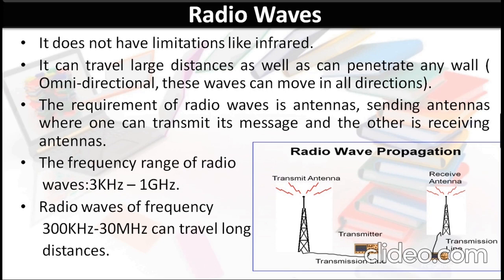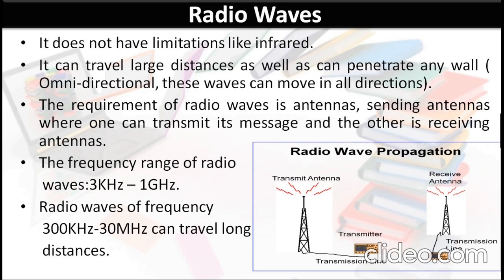And with these antennas, there is a sending antenna, where one can transmit its message, and the other is the receiving antenna. A single antenna cannot perform both tasks. Only one task can be performed by one antenna. If I am using one antenna, either I can send or I can receive only. I cannot do both tasks through one antenna.